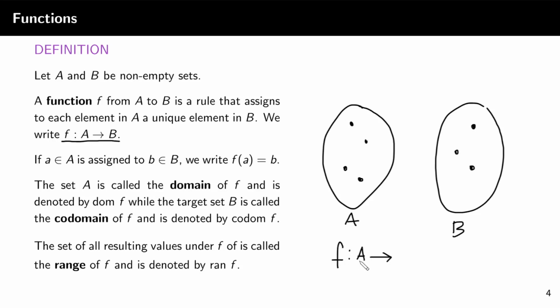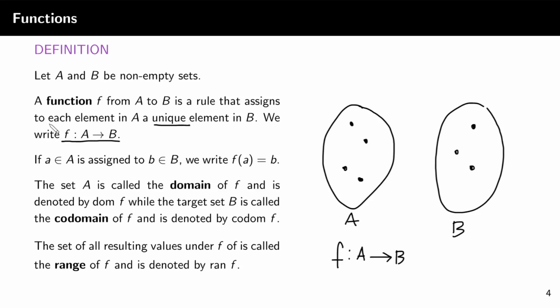So let f be a function from A to B. So according to this definition, yung function na f, it will be a rule that assigns to each element in A. So bawat element ng A, we have to assign it with a unique element in B.